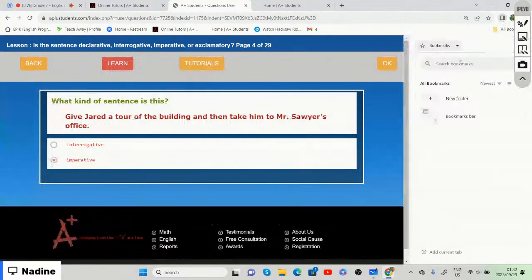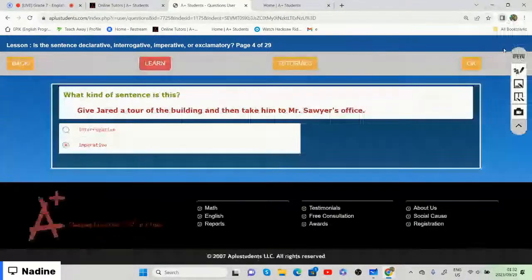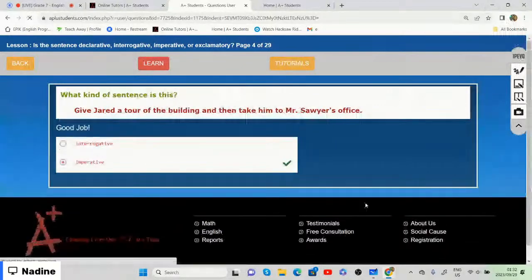So we said this is an imperative sentence.